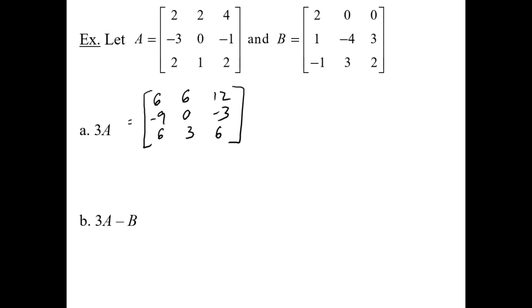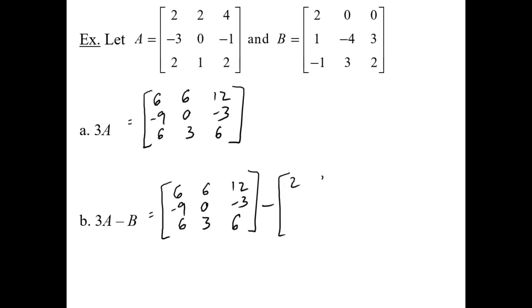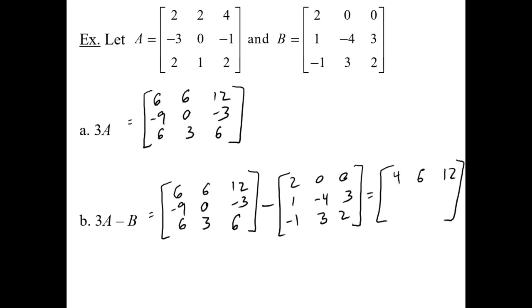And then if I would do 3A minus B, I don't even know if I want to bother doing this, but 3A we've already found. And then we're going to subtract from that B. And so if I do the subtraction, 6 minus 6, 6 minus 0, 12 minus 0, negative 9 minus 1, 0 minus negative 4, negative 3 minus 3, 6 minus negative 1, 3 minus 3, and 6 minus 2.